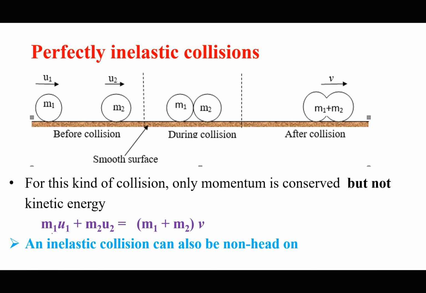So total momentum before collision is m1u1 plus m2u2, because they're in the same direction, so velocities to the right can be positive. After collision, they stick together, so it becomes one mass, m1 plus m2, times a common velocity.